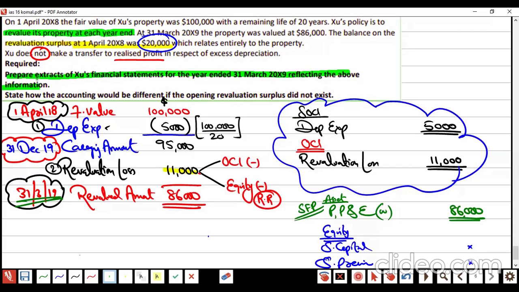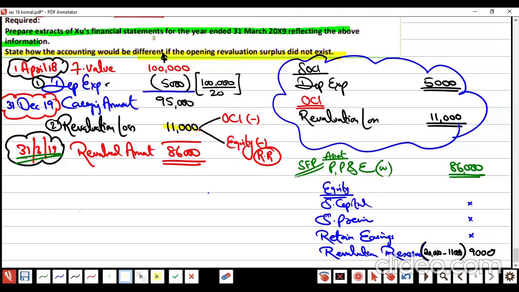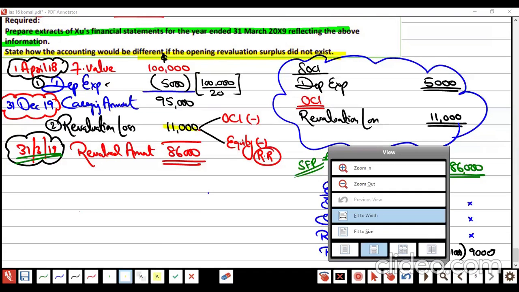State how the accounting would be different if the opening revaluation surplus did not exist. You understood the B part or no?